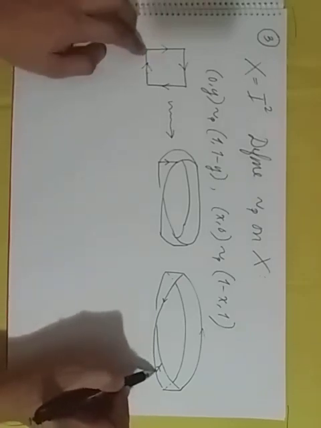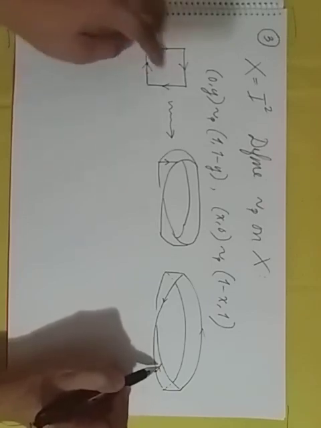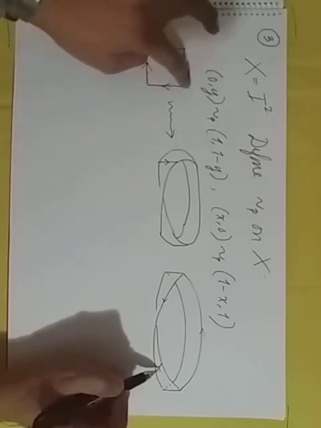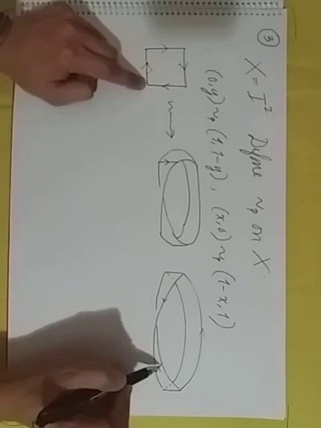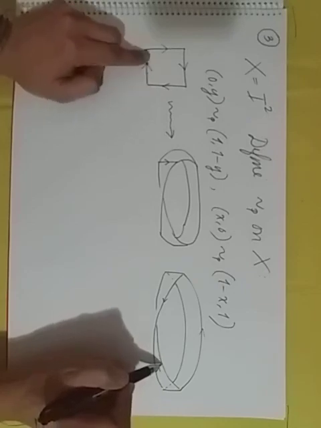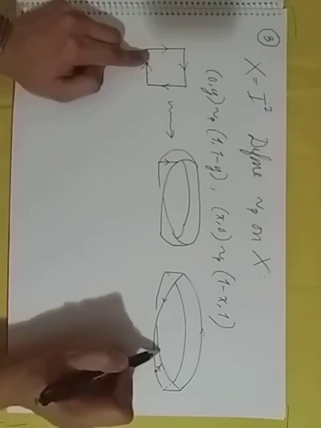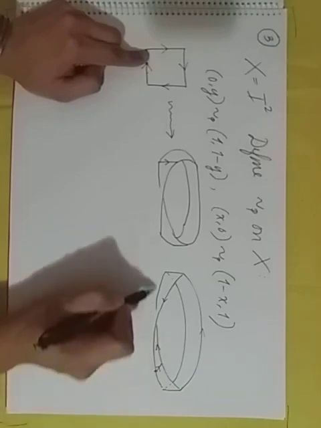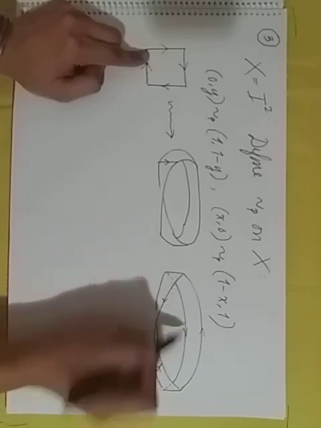Tapos pagdating natin dito, we will trace out this edge again, pero this time it is on this side. So pagdating natin sa dulo, we move in this direction here, but now it is oriented this way. So going around this. Yan.